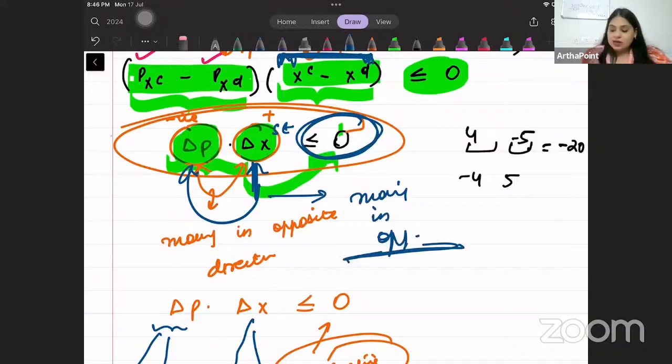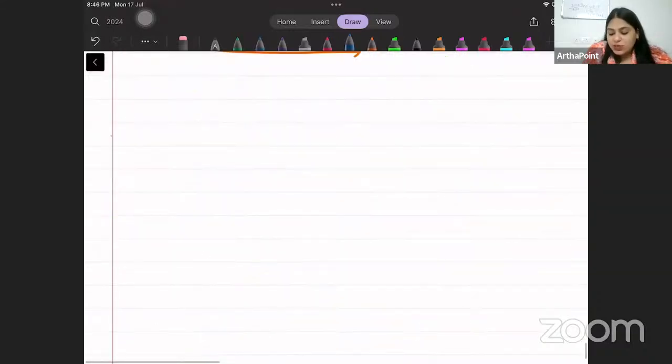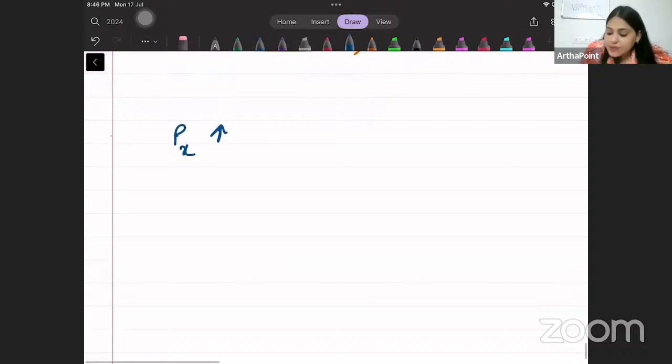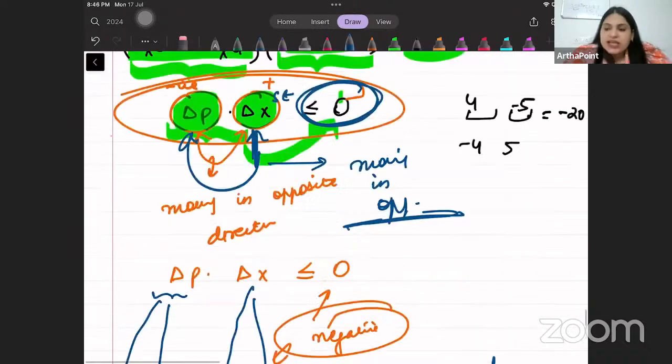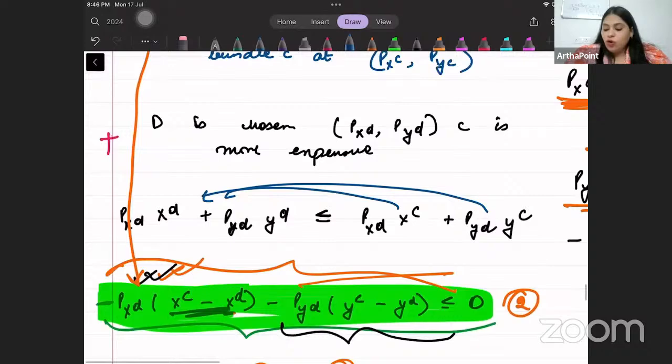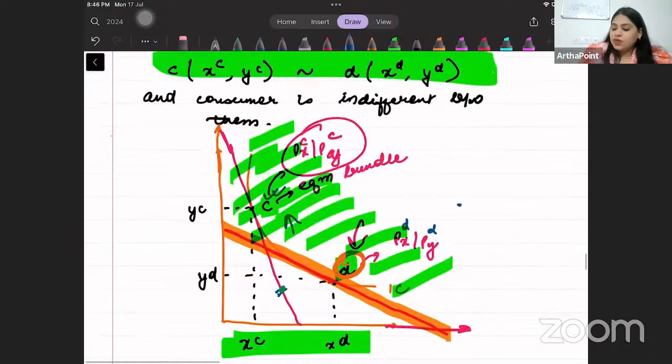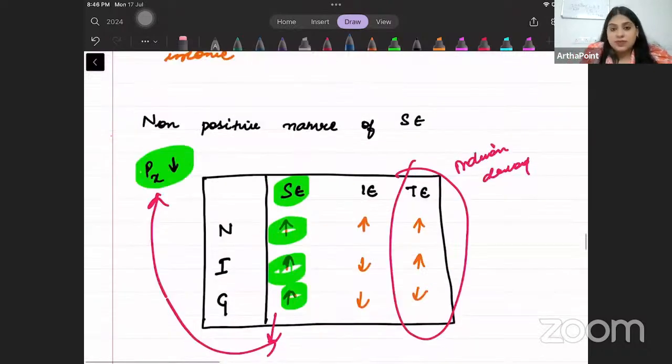So when the price of good X increases, the substitution effect proves that the demand of X will decrease. Only the substitution effect. We are only talking about that. So what have we proved? Mathematically, we proved the negativity of the substitution effect.